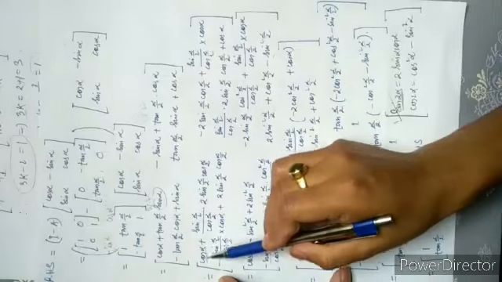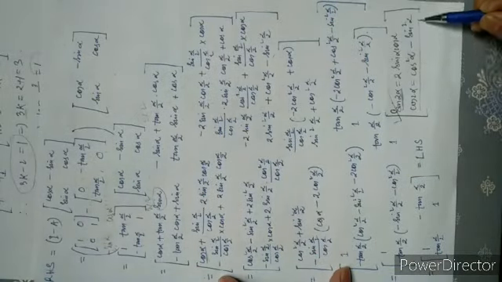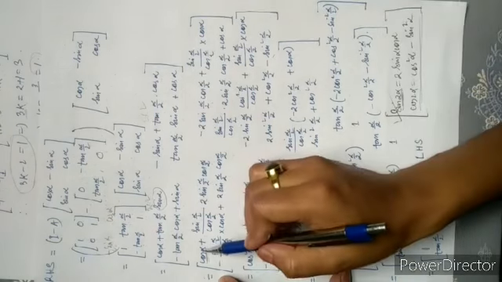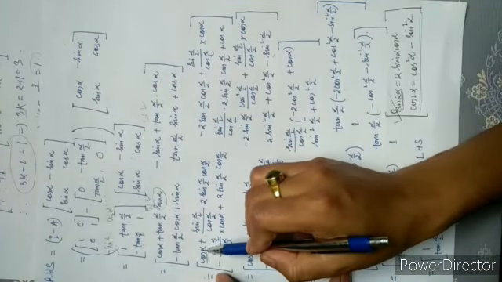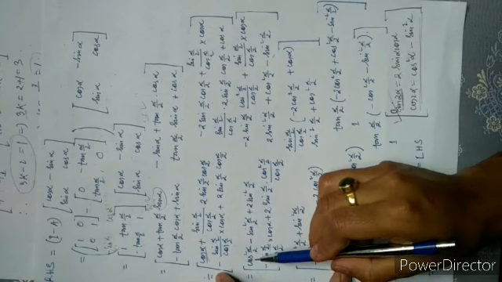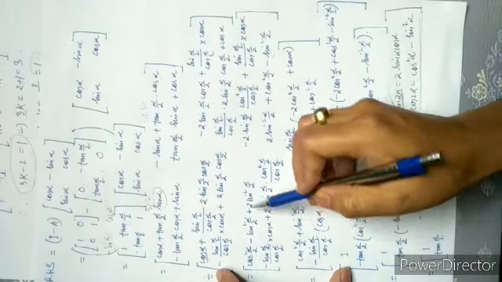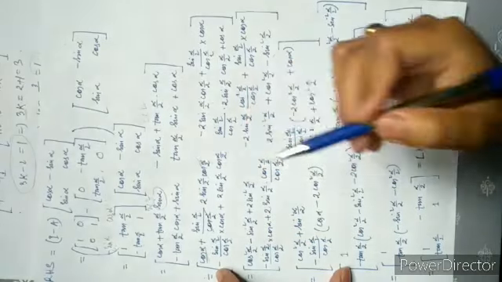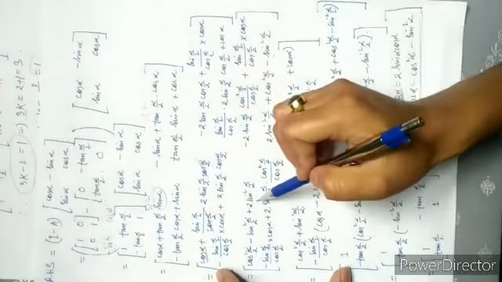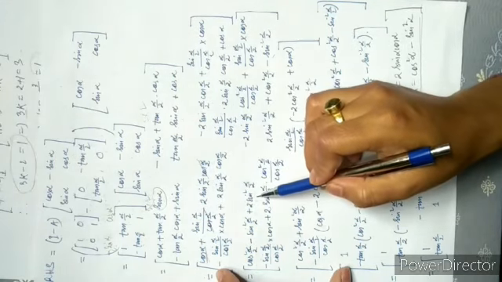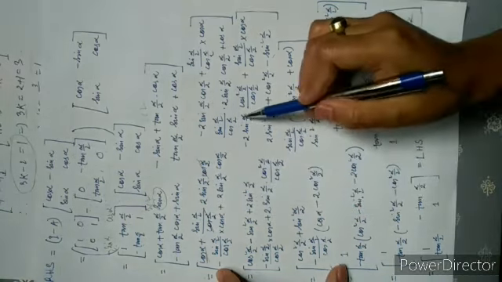Then express this cos alpha. Since the expression for cos 2 alpha is cos square alpha minus sin square alpha, in this case the 2 will be absent. So cos alpha can be expressed as cos square alpha by 2 minus sin square alpha by 2. The cos alpha by 2 cancels. Sin alpha by 2 into sin alpha by 2 is equal to sin square alpha by 2, minus sin alpha by 2.